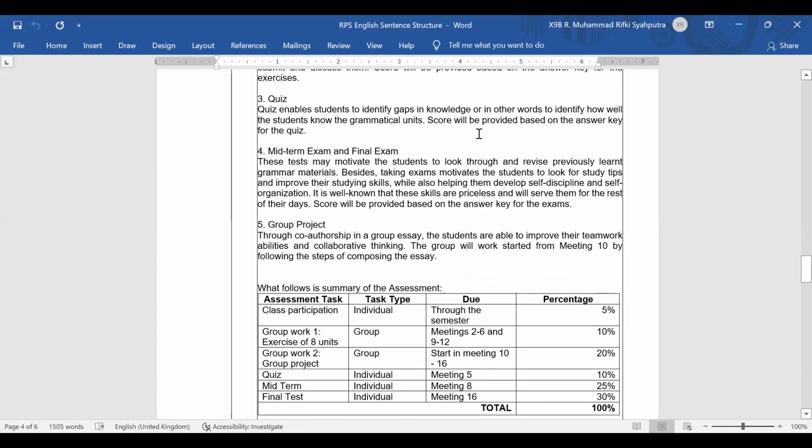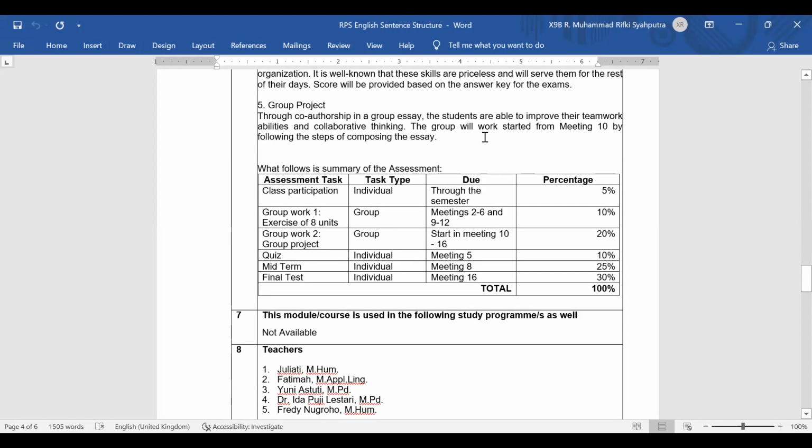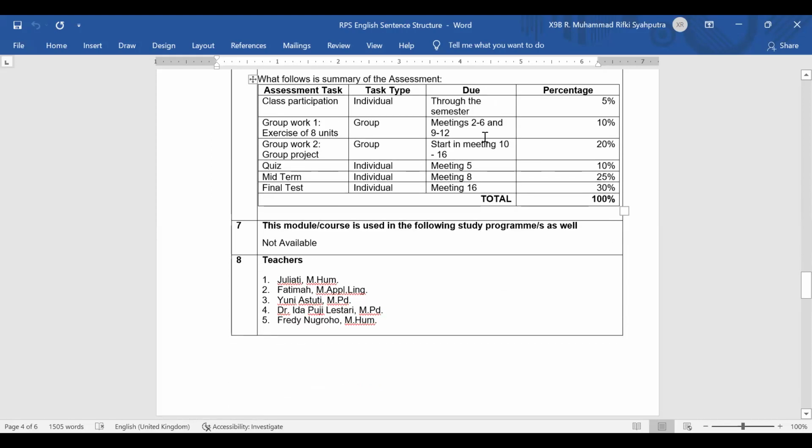The quiz enables students to identify gaps in knowledge, or in other words, to identify how well the student knows the grammatical unit. And then this is the summary of the assessment.